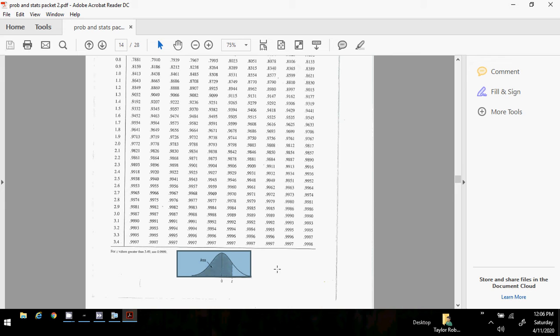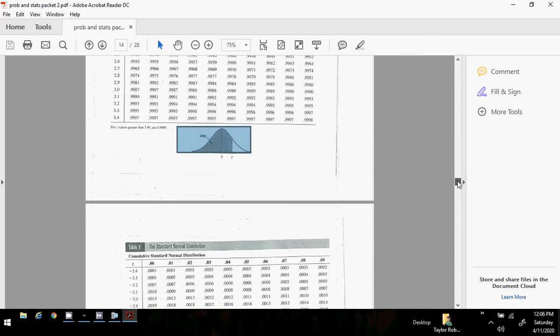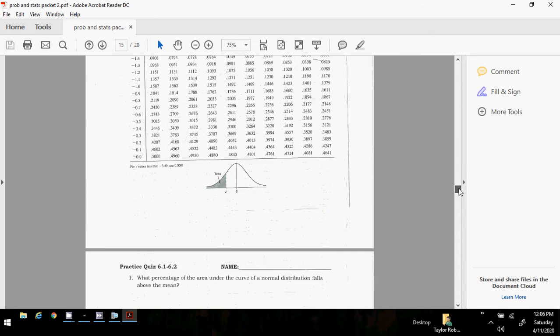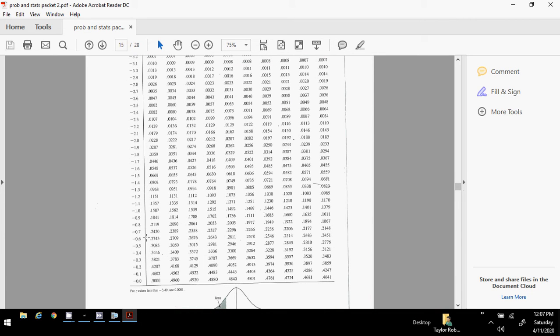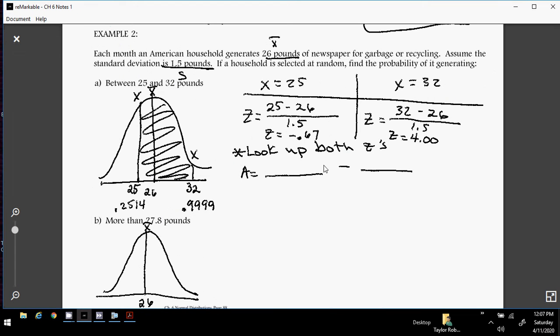Alright, the next z-value we're looking at is on the negative side, so we have negative 0.67. Scroll over here, here it is, 0.2514. That's what we're going to write down for that one. For the between, we're going to subtract both of these values. So we've got 0.9999 and 0.2514.